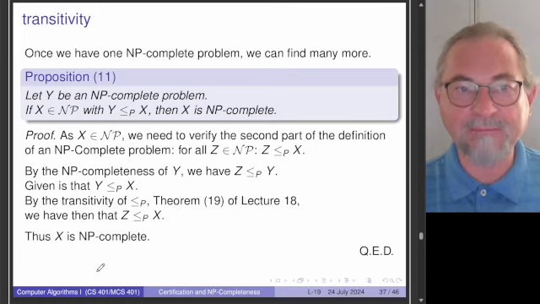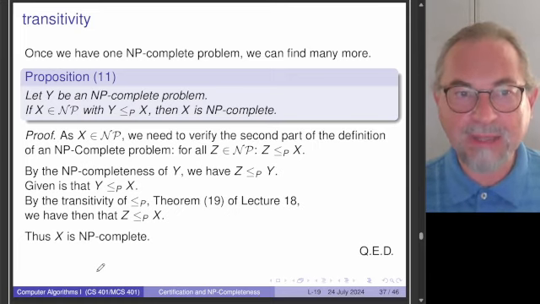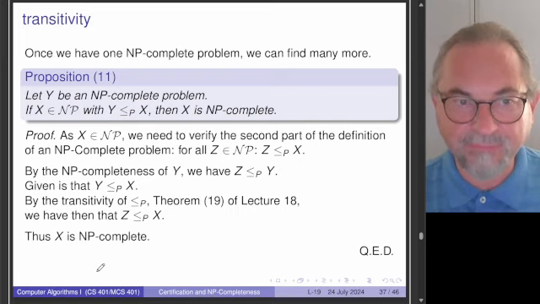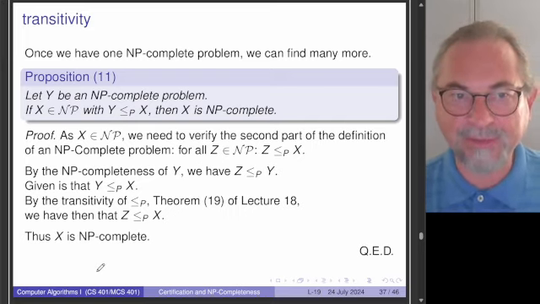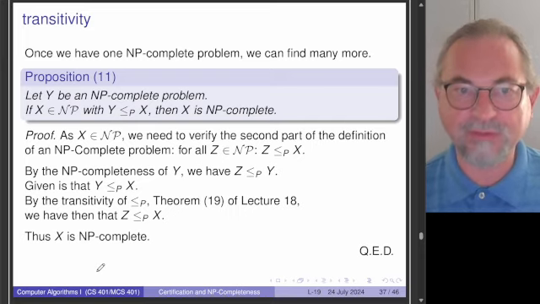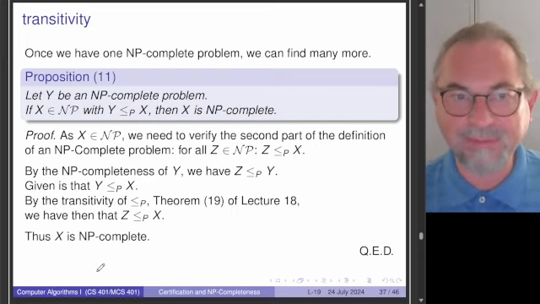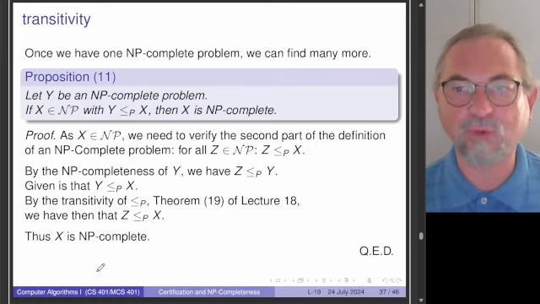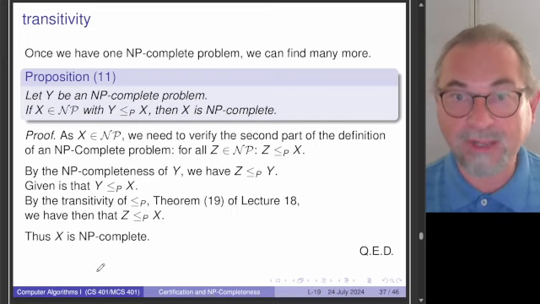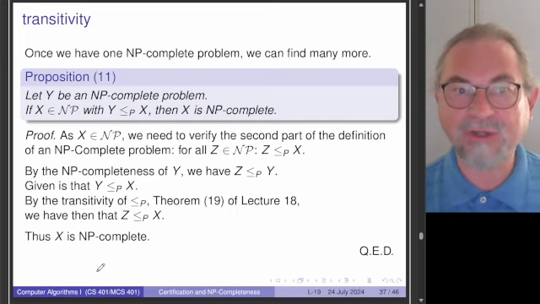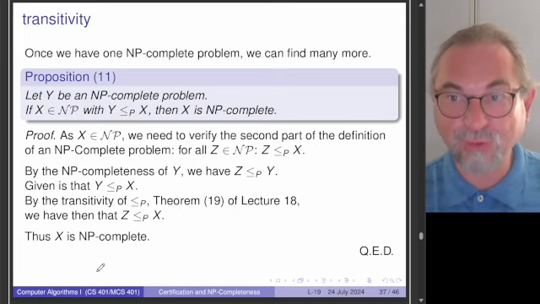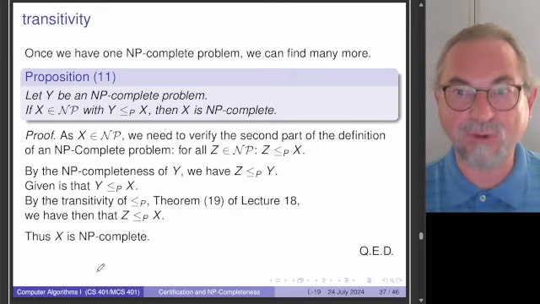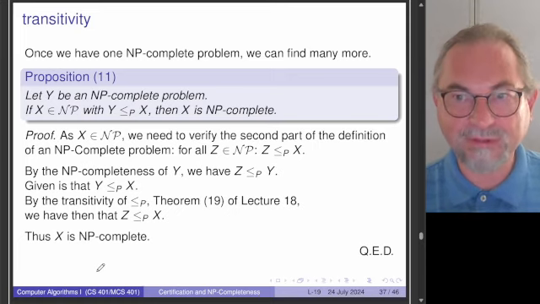If we have an NP-complete problem, and a new problem which is in NP, and the NP-complete problem can be reformulated in polynomial time to that new problem, then that new problem is also NP complete. So this is a very important property.